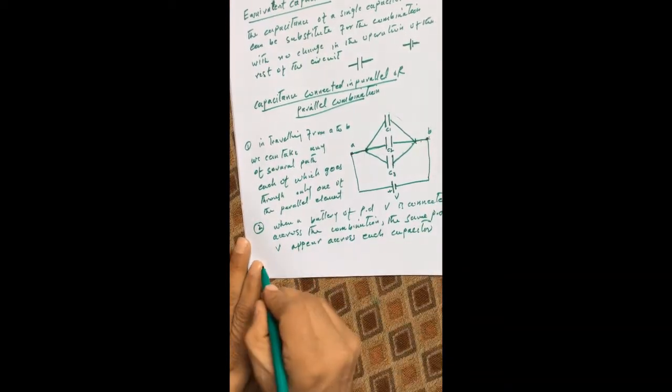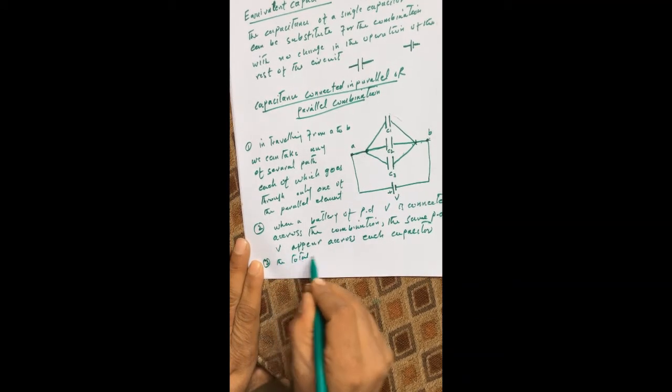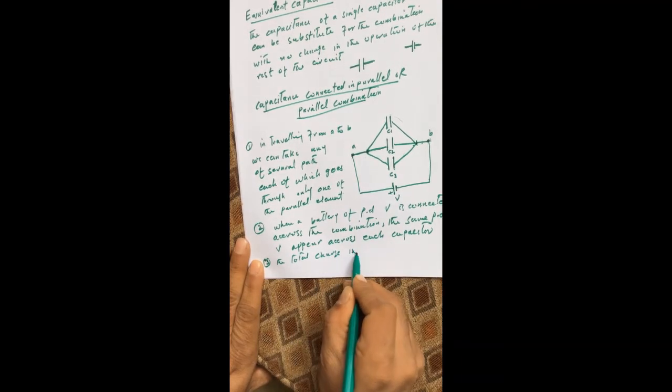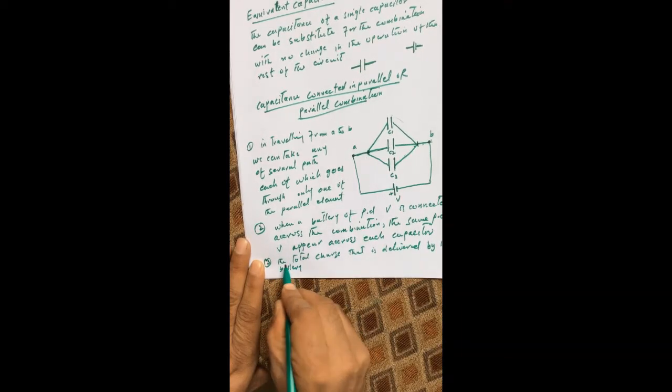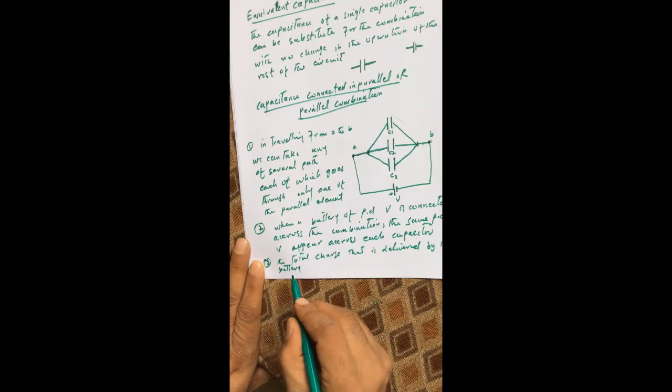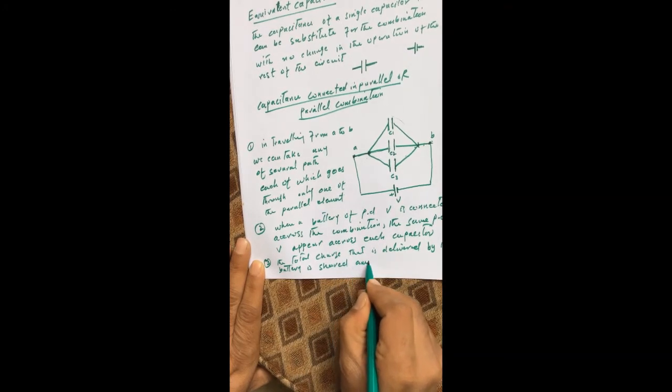But the total charge that is delivered by this battery, the third property, is that the total charge delivered by the battery is shared among the capacitors. What does it mean?